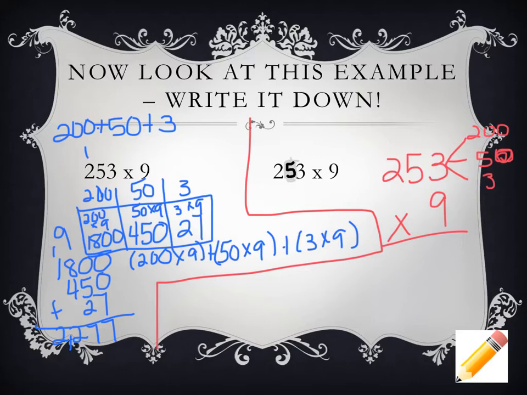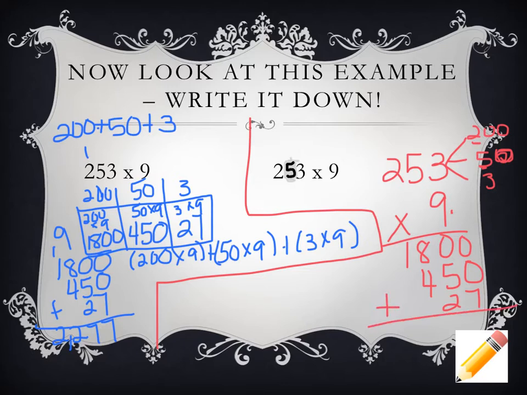Now I'm going to do 9 times 200. 9 times 2 is 18, and 2 zeros for the 100, 1,800. Then I'm going to do 9 times 50. 9 times 5 is 45, with 1 zero for the tens, 450. And 9 times 3, my basic fact of 27.